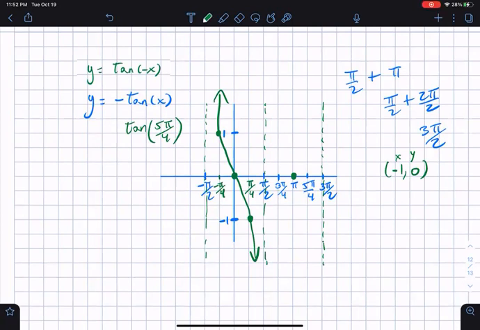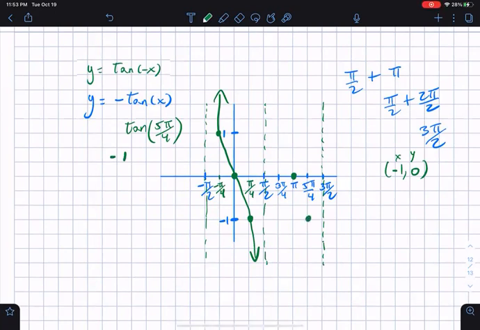Sine over cosine, both are negative, so that's going to be positive. And tangent 5 pi over 4 is the same kind of measurement as pi over 4, so that's going to be 1. But because you have the negative in front, that's going to be -1. So that means that we're here again.